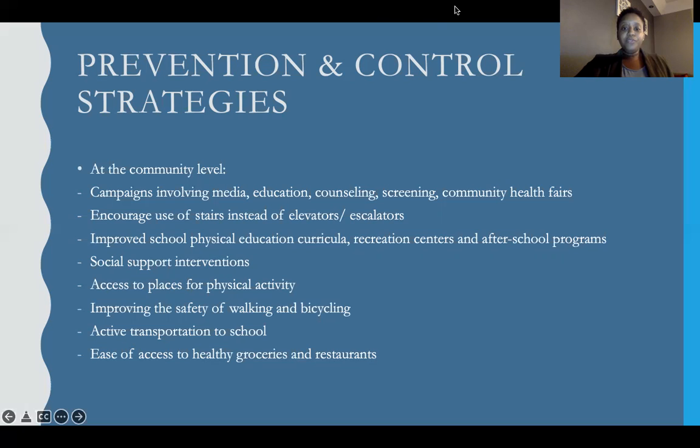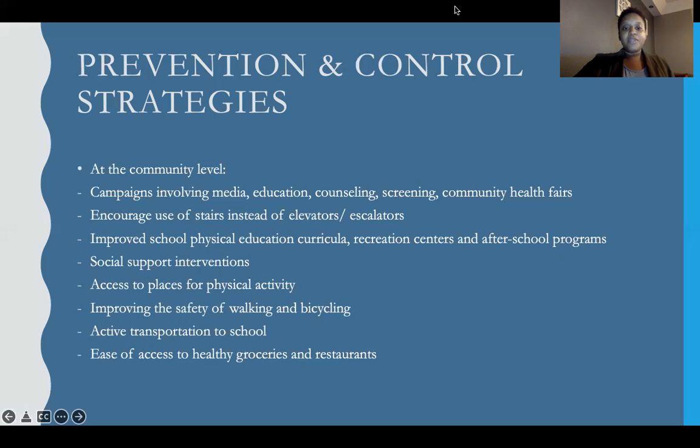You want to improve the access to recreation centers and after-school programs, social support interventions, access to places that can encourage physical activity like parks and so on, improving the safety of walking and bicycling, ensuring that the pavements are well structured, making sure that the built environment is very well structured to encourage walking, to encourage bicycling and even skating.